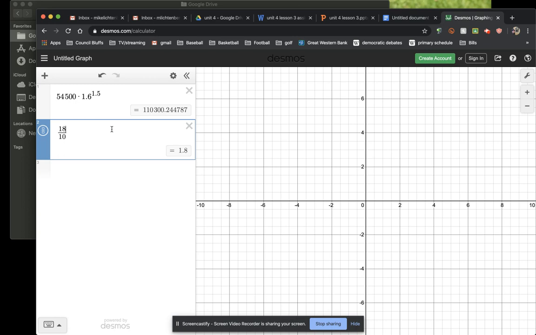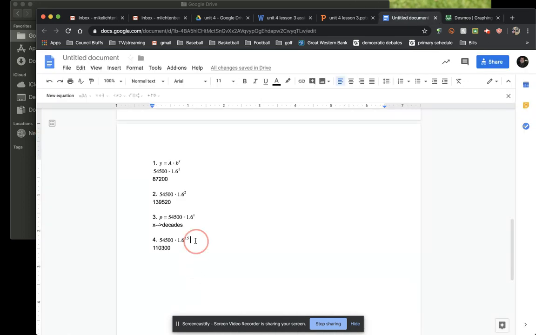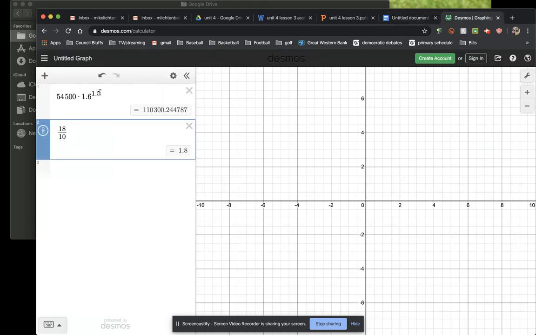So 18 years is 1.8 decades. So when I plug into the formula, I'm going to replace 1.5 with 1.8. I'm going to change this exponent to 1.8.